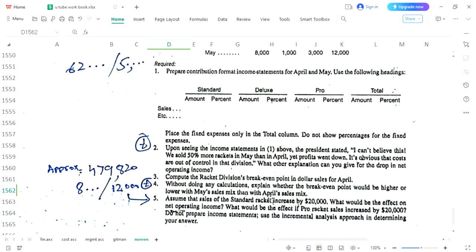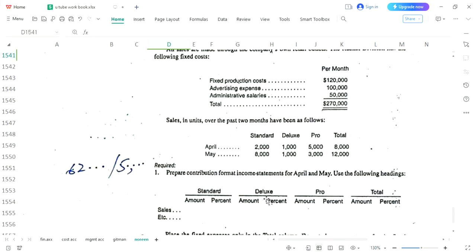Without doing calculation, explain whether the break even would be higher or lower with the May mix. Obviously, when break even point would be calculated for May, where the number of units has increased from 8,000 to 12,000, it would definitely be different and increased.